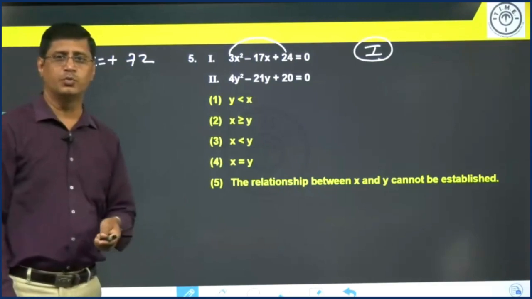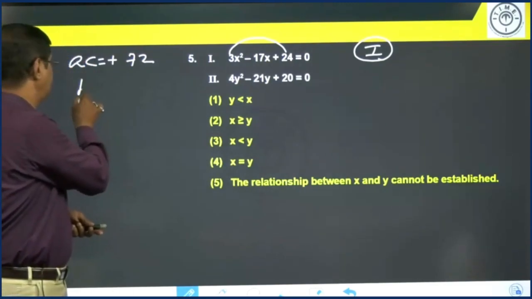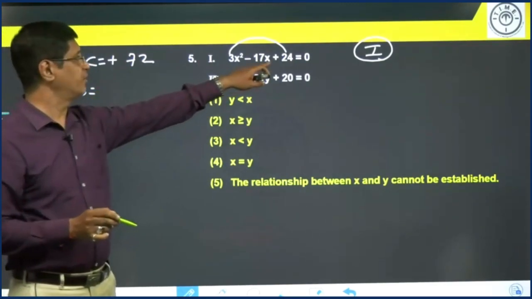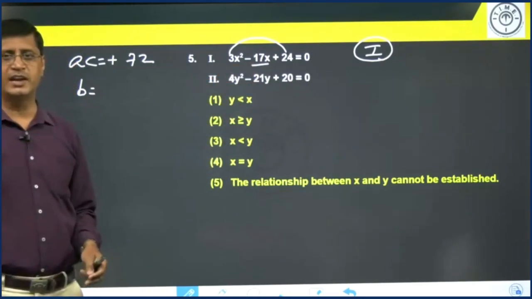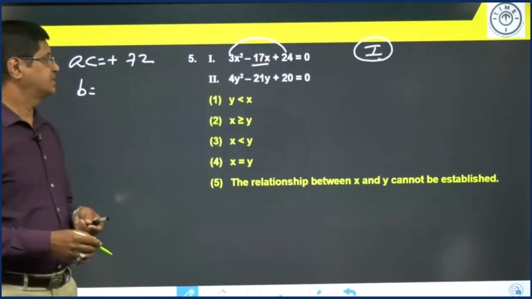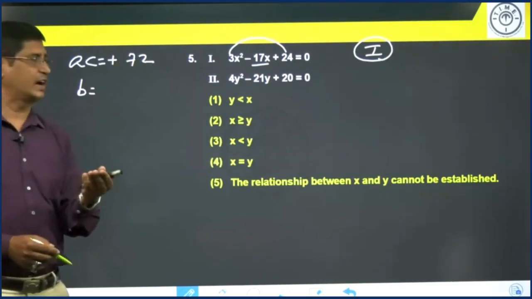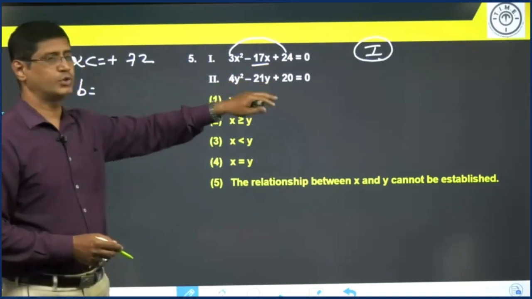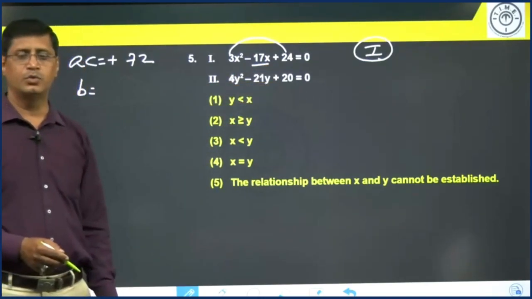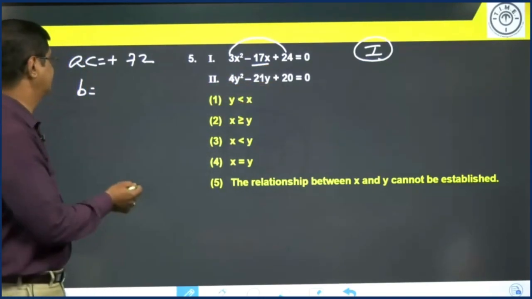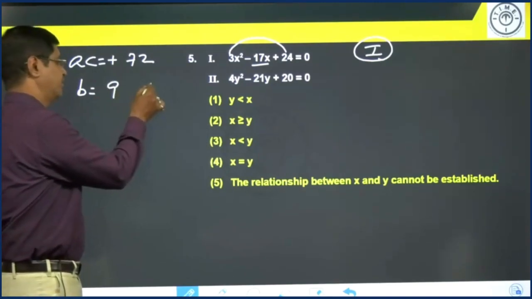72 is positive, which means the value of B, the middle term, we get by adding two factors, the sum of the two factors. So 72 is expressed as a product of two factors whose sum is equal to 17. What are the possibilities here? There are many possibilities.